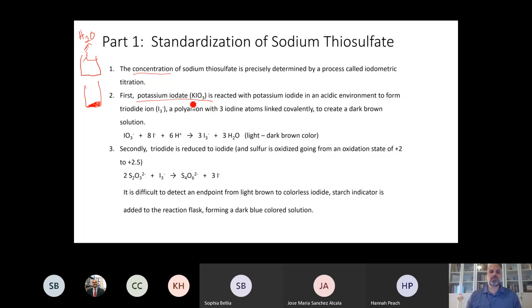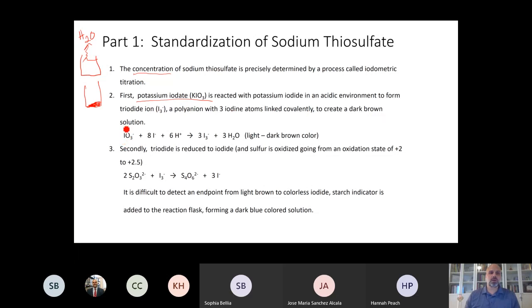So we take this potassium iodate, weigh out a known quantity, and react it with potassium iodide in an acidic environment to form the triiodide ion, I3 minus. It's a polyanion with three iodine atoms linked covalently, and it creates a dark brown solution. So that's the reaction we're talking about here.